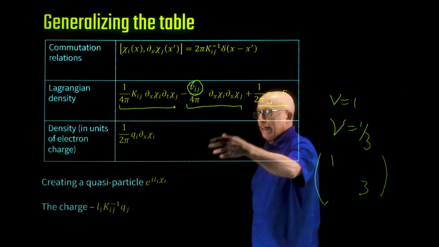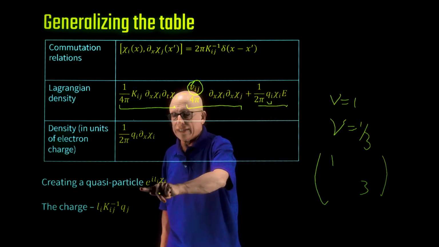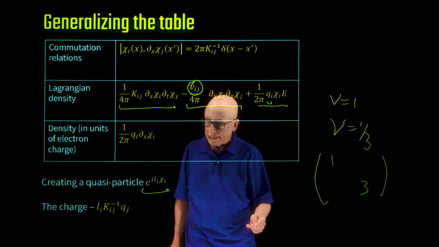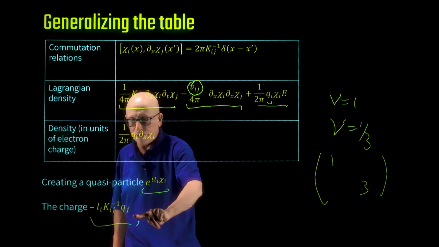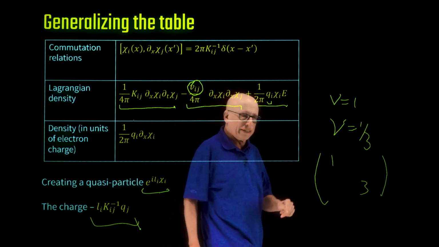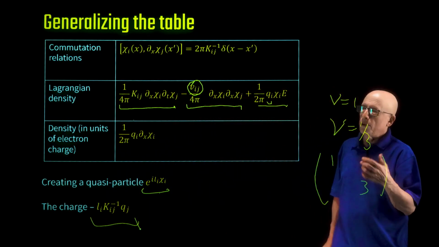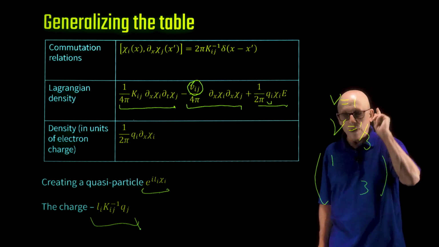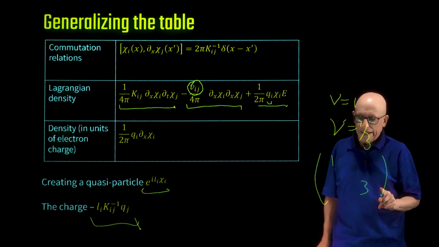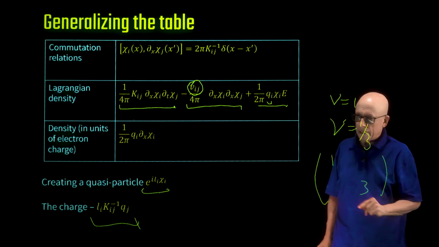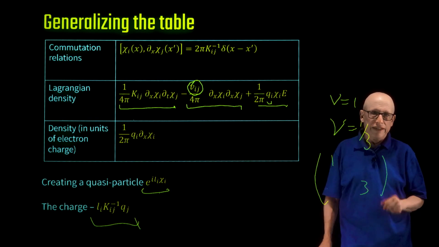Now, we can also generalize the operator to create quasi-particles. We can also identify the charge of the quasi-particles, and there are many details to this description which I'm not getting to. I'll just say one more thing important about this description and summarize.